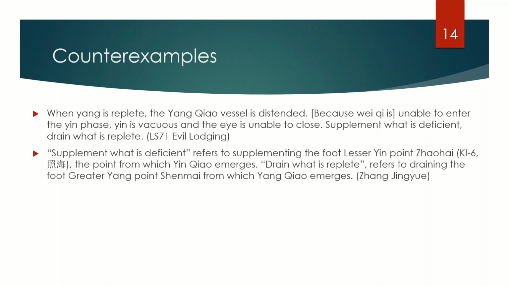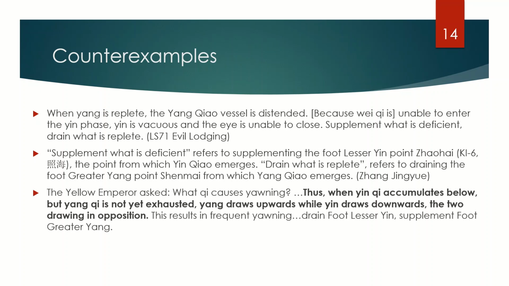So again, our friend Zhang Jingyue comes through and says, supplement what is deficient means to supplement Zhaohai, or kidney 6, and drain what is replete means to drain at Shenmai, or bladder 62, and these are connected to the Yin and Yang Qiao respectively.